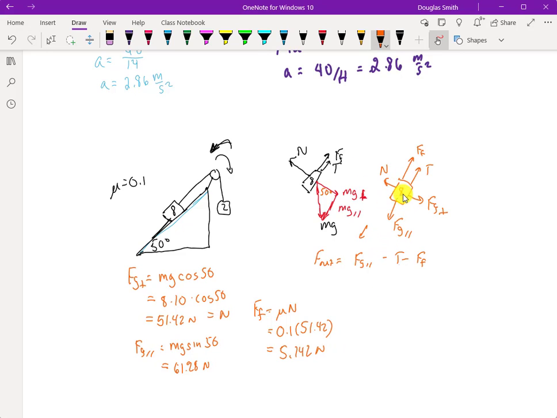Okay, so we know most of these things here. F net is going to be the 8 times the acceleration is equal to 61.28 minus 5.142 minus T. Okay, that's okay. Let's solve for T. So it's going to be 8a.